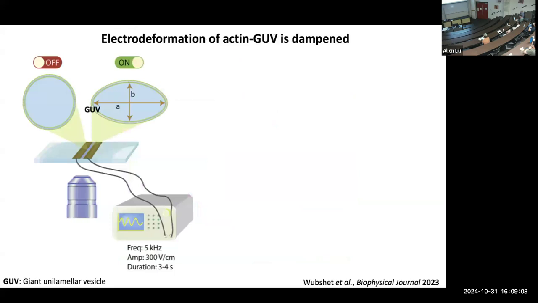So he set up this electric deformation, which applies an alternating electric field. This is just using two copper tapes as electrodes, and the idea here is that you can generate a shape change based on applying this electric field, and we can measure the long axis and short axis, and essentially get the aspect ratio of a GUV, a giant vesicle.